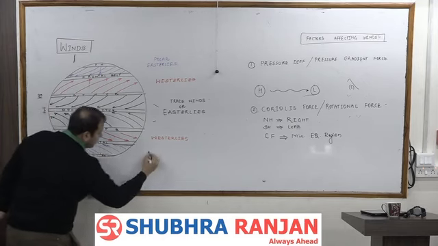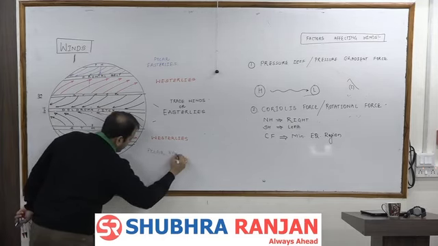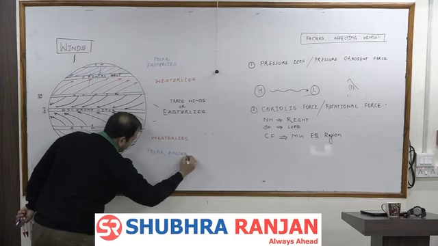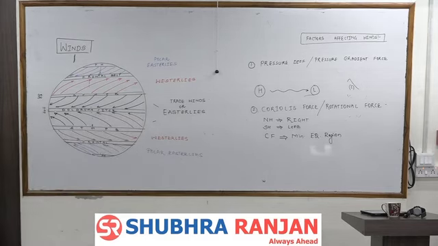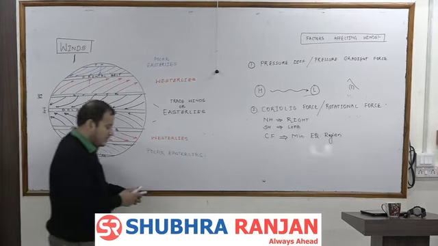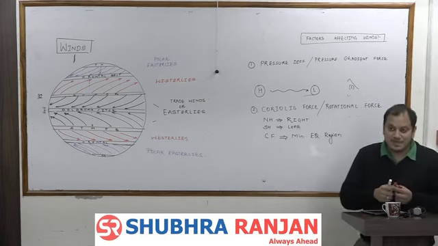And these are the polar easterlies. So this is how Coriolis force results into formation of different wind systems, and because of the Coriolis force there are different types of climatic conditions in the world.